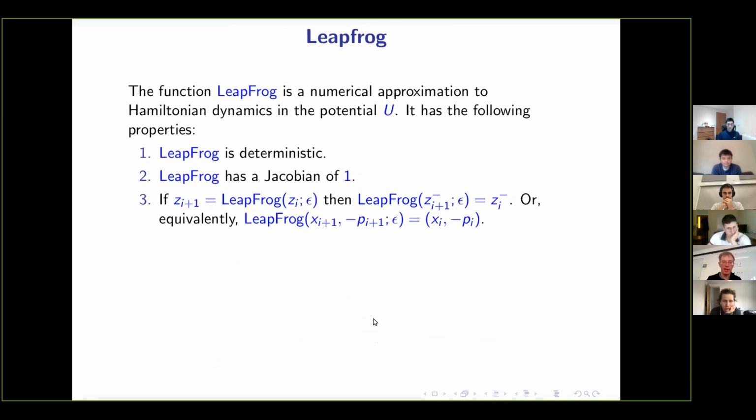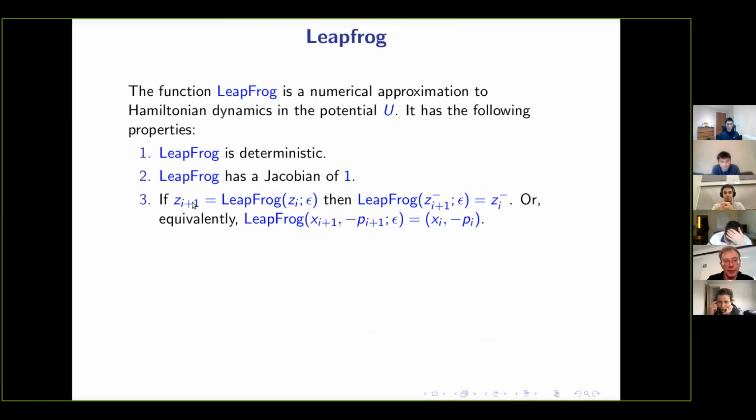What's the leapfrog step? Well, I'm not going to say the details because all we need is these 3 facts. It's deterministic, right? If you're at this position and momentum and you leapfrog step for time 0.3, then you'll always get the same result. It has a Jacobian of 1, just like Hamiltonian dynamics.